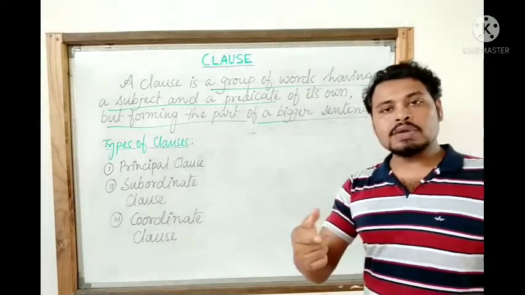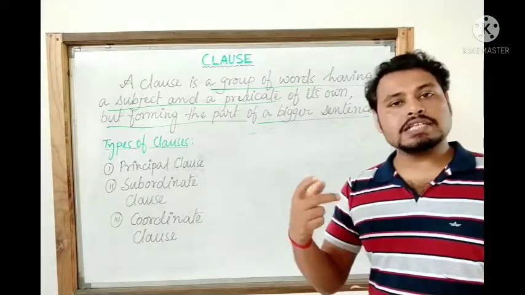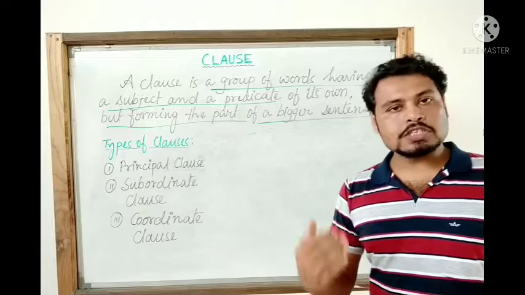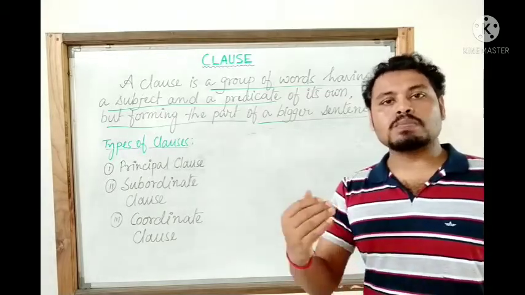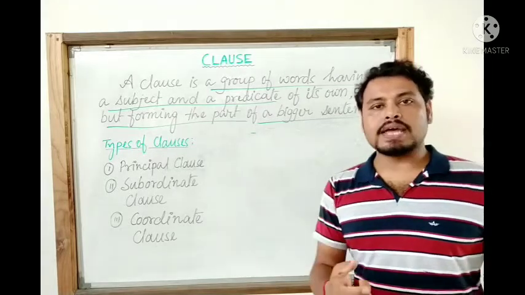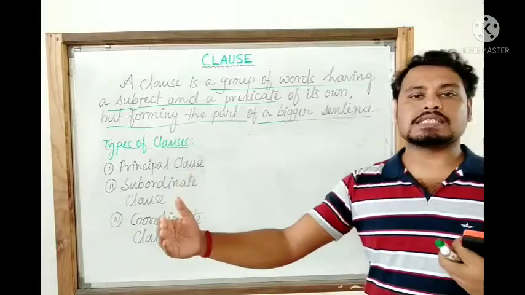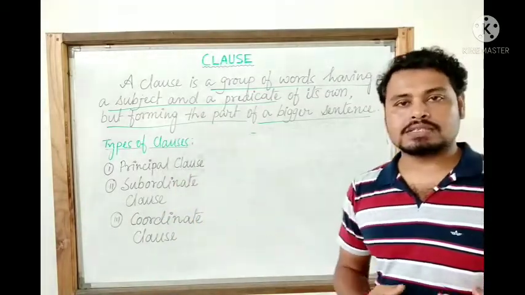A clause, you can say a sentence as it has its subject and its predicate. So this is also a sentence. A clause is also a sentence. A clause is a group of words. But a clause is always a part of a bigger sentence. So there is the difference between a clause and a sentence.